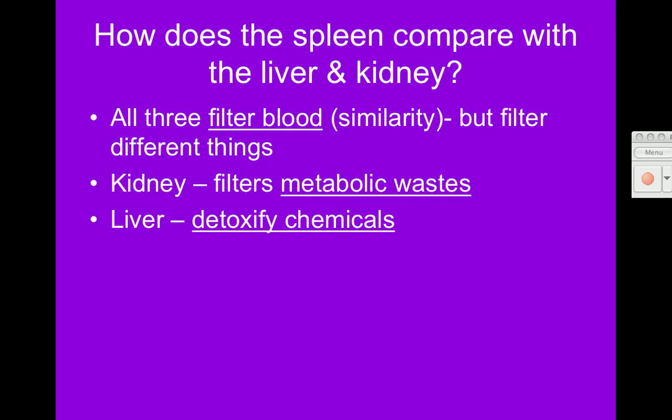The liver removes chemicals that don't belong in the body. Now, this can actually be stuff that we purposely put in there, like Tylenol or other prescription medications. But that's one of the reasons why we have to keep retaking that medicine, because after we've taken it, the liver is working to get rid of it. And the spleen's function is biological filtration.